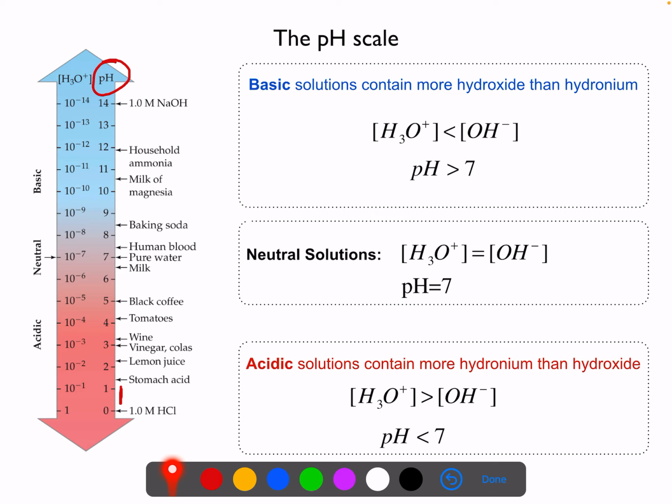And on the scale, we can look things up. So if you're interested, milk is slightly acidic, pure water is neutral, human blood is slightly basic, something like vinegar, lemon juice, very acidic, down by 2, black coffee, pH of 5, ammonia up by 12. And so a lot of things we use every day we can find on pH scales like this.